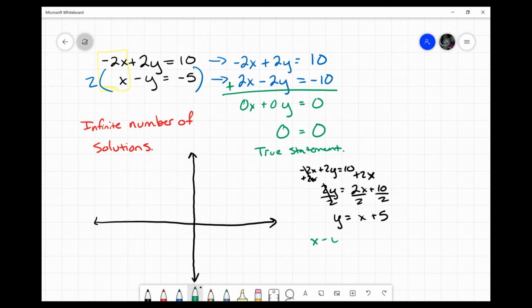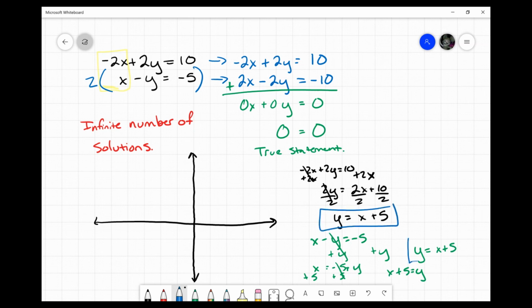And the second equation, we've got x minus y is equal to negative 5. I'm going to add y. x is equal to negative 5 plus y, add 5. So then x plus 5 is equal to y. I can rewrite that by flipping it as y is equal to x plus 5.